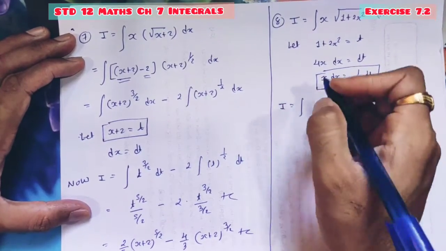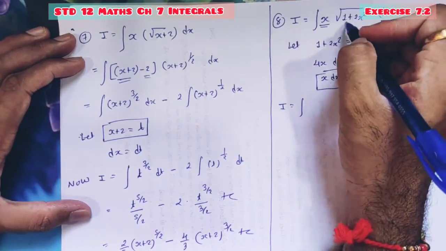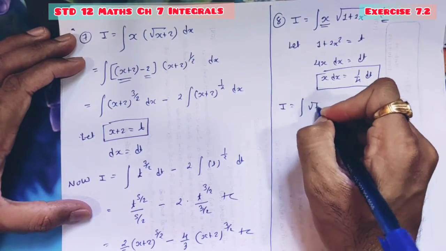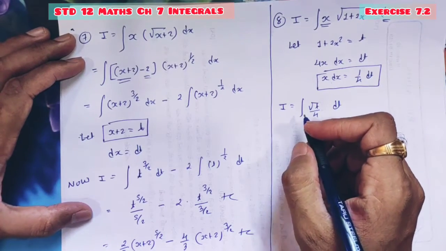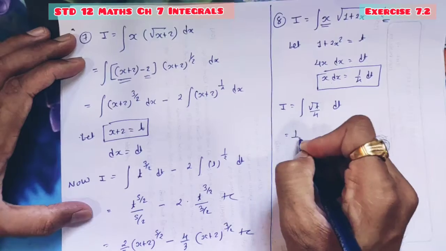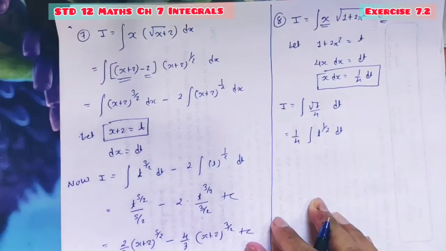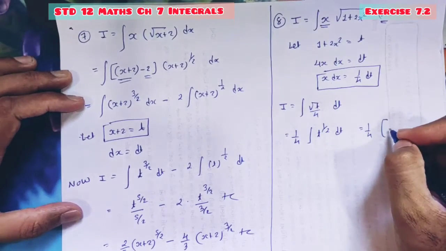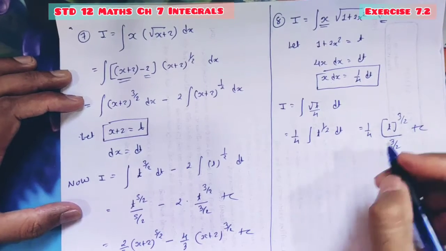So our integration I equal to x dx equal to 1 upon 4 dt, and the square root of t is t raised to 1 by 2. So just taking this 1 by 4 as a constant, this will be t raised to 1 by 2 dt. This is equal to the integration of t raised to 1 by 2, which is t raised to 3 by 2 divided by 3 by 2, plus c.